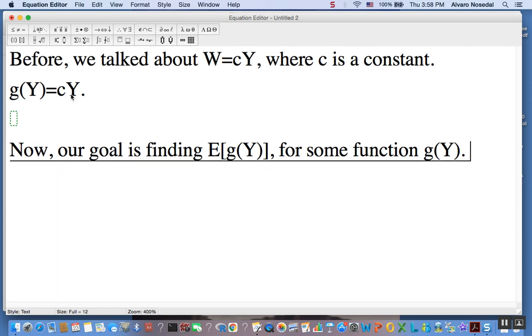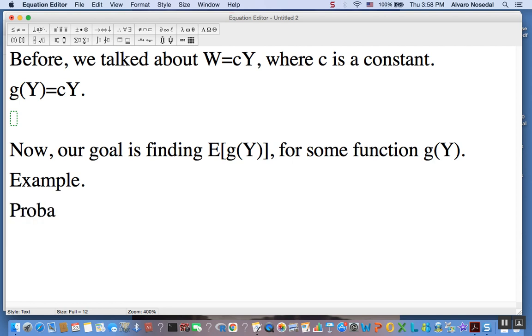Now that our objective is very clear, let's proceed. As usual, our discussion will be based on an example. Consider the following random variable y. I'm going to give you the probability distribution of y.